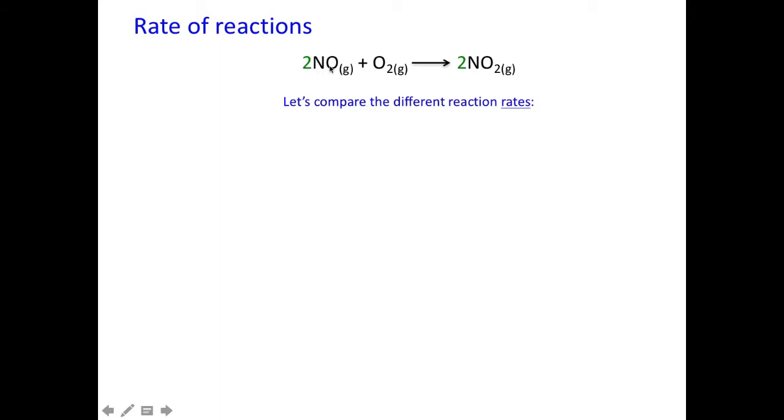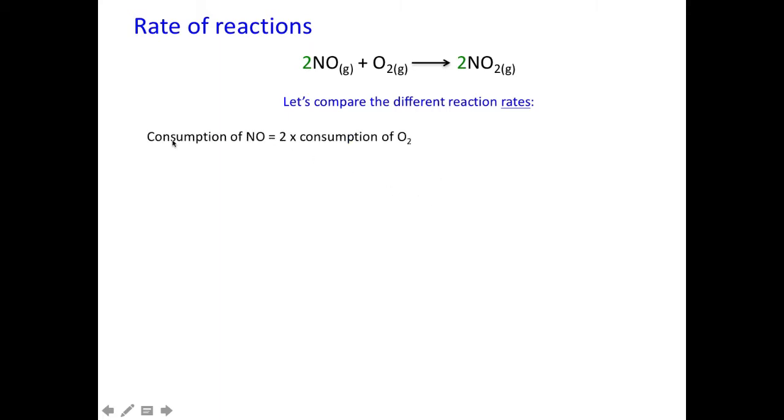If you think of this as molecules, 2 molecules of nitrogen oxide would react with 1 of oxygen to give 2 molecules of NO2. This in fact is not a molecule because we are showing the aggregation state, which is gas, so this is in fact 2 moles. It's a very large quantity of NO reacting with a very large quantity of O2, but it's just 2 moles of NO reacting with 1 mole of O2, giving 2 moles of NO2.